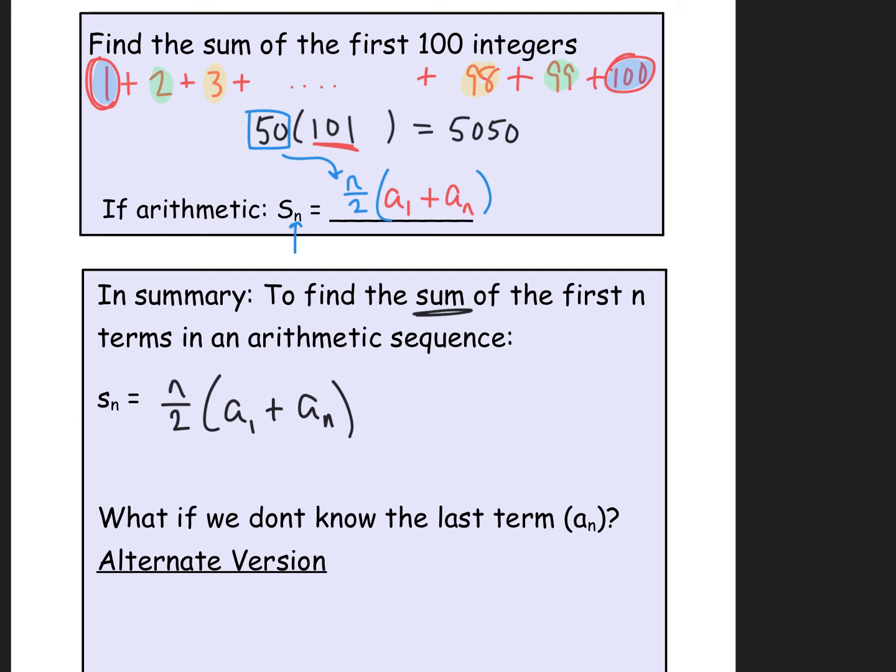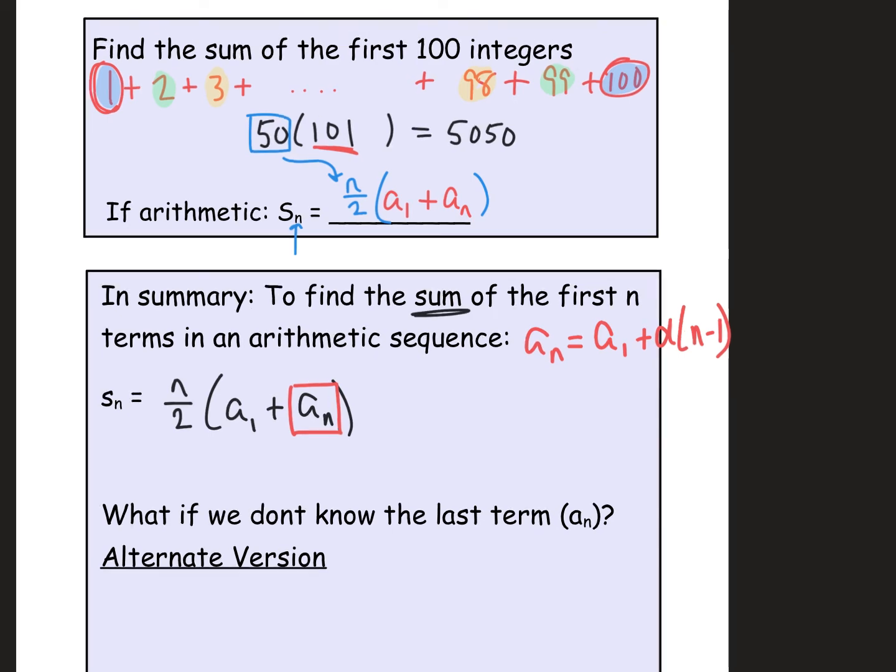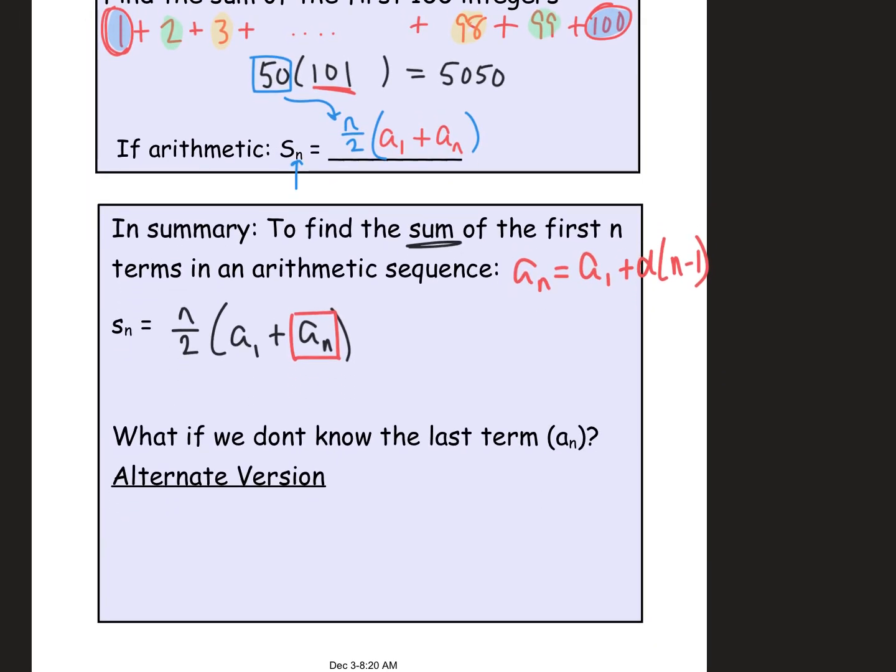So one option would be to find a sub n using formulas from before, but there's an alternate approach we can take. If you recall, we know that a sub n, the explicit formula for the nth term, is a1 plus d times n minus 1. So the alternate version just says, take this and replace a sub n with this basically.